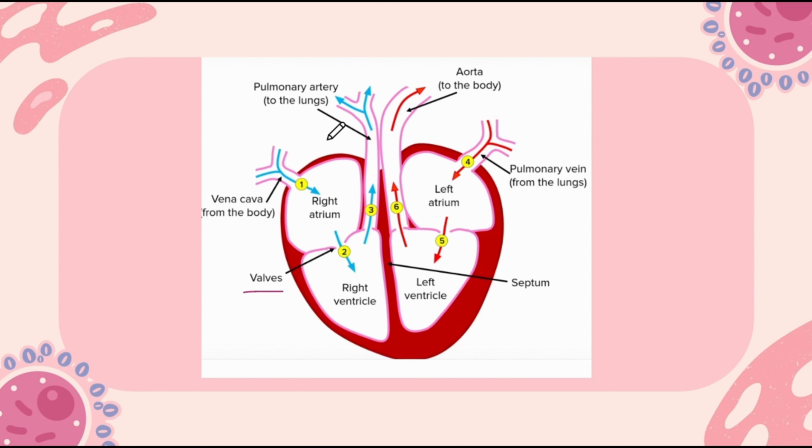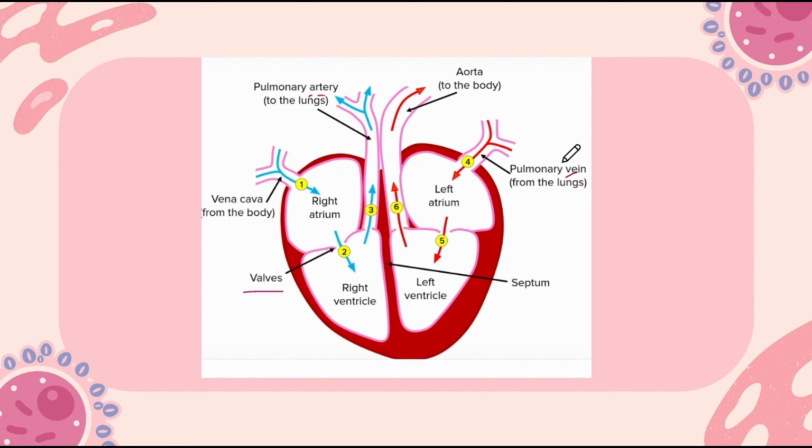Then the pulmonary artery pumps the blood to the lungs to get oxygenated. Then the blood returns to the heart via pulmonary vein. What is the work of the artery and what is the work of the vein? Artery helps to move the blood away from the heart, and the veins help to move the blood towards the heart.